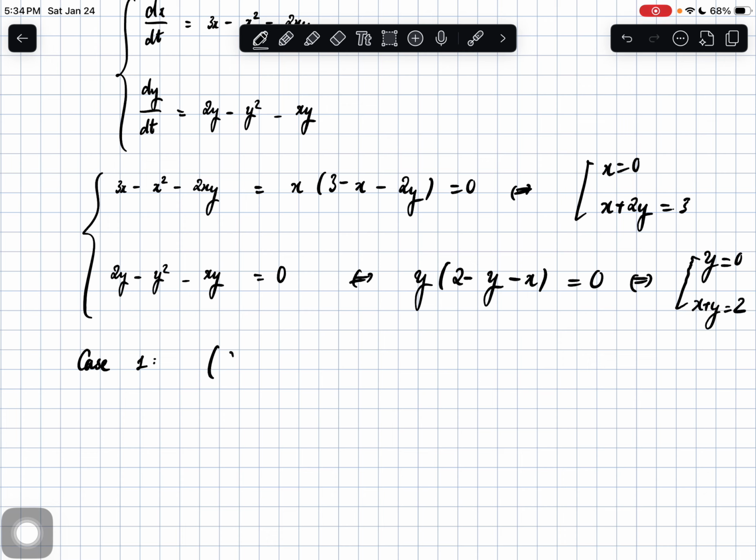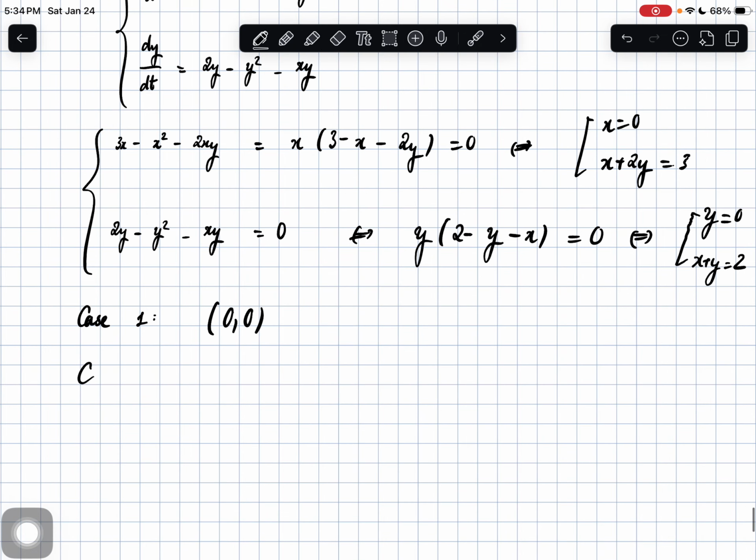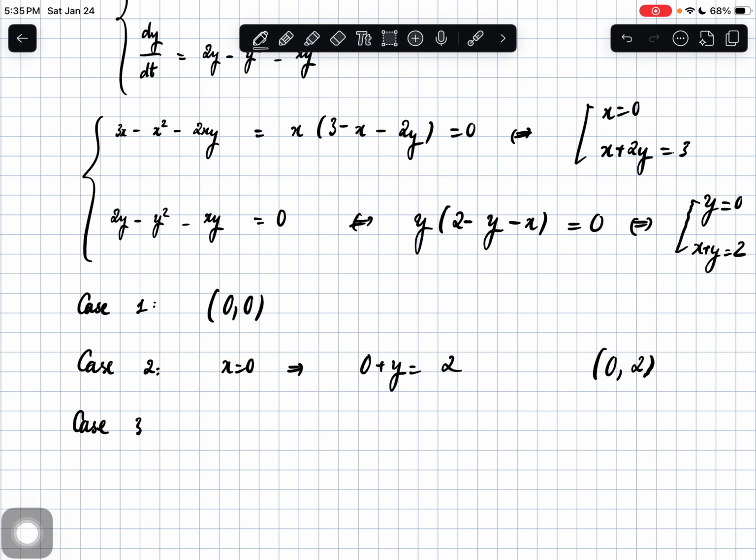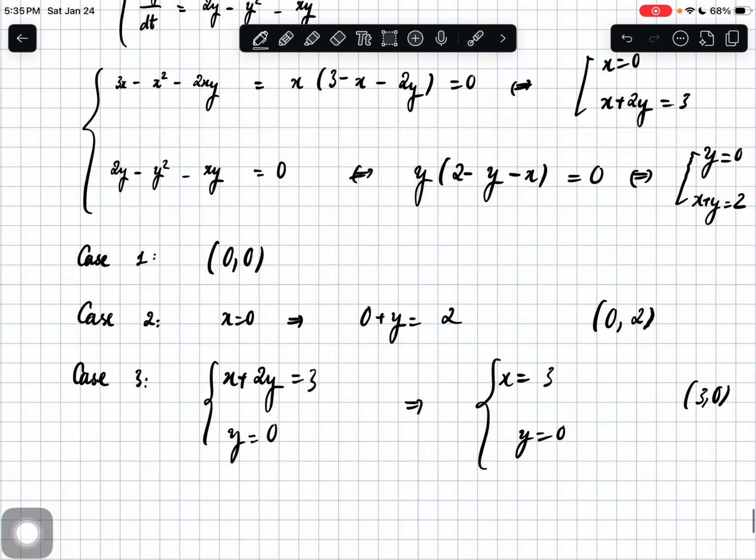So case 1, we have critical point (0, 0). Case 2, x equal to 0, and therefore 0 + y = 2. We have another critical point (0, 2). Case 3, x + 2y = 3 and y equal to 0. In this case y equals 0 and x equals 3, so (3, 0) is a critical point.